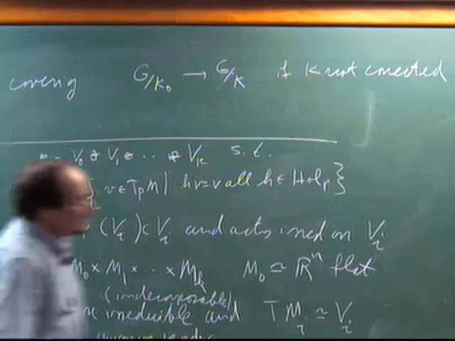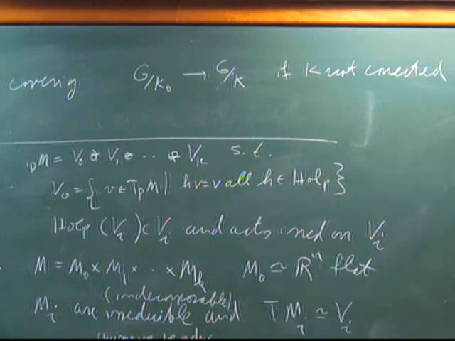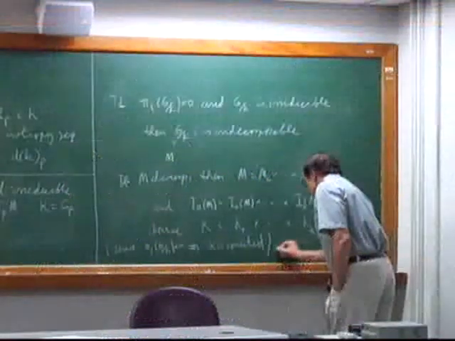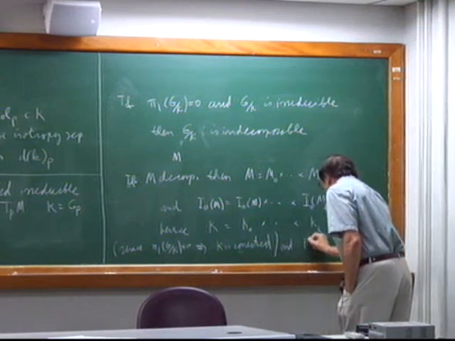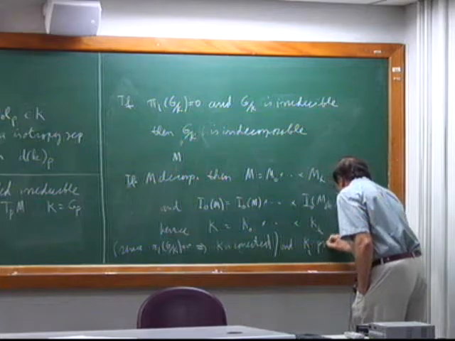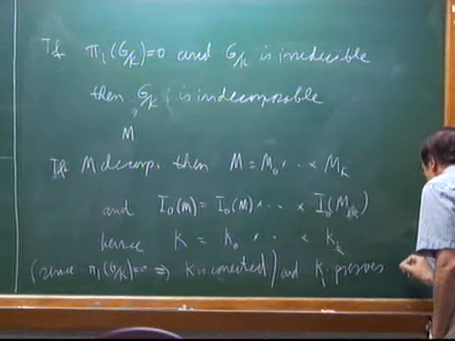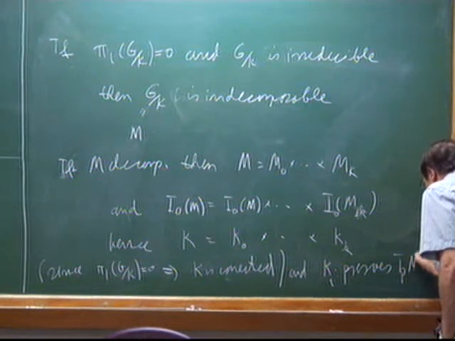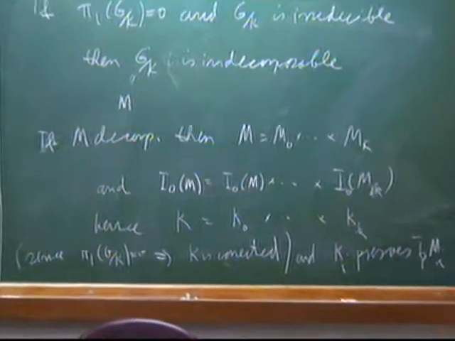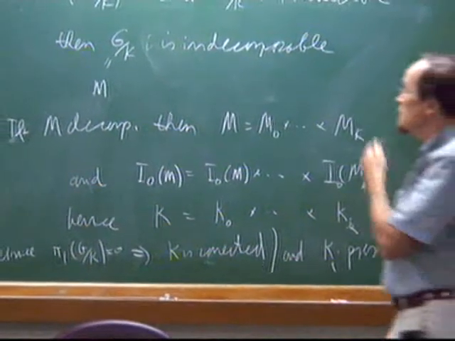So since it's simply connected, that's part of the assumption here, K is connected, and therefore it also splits. And K_i preserves the tangent space of the M_i's. By definition. Okay. So it acts reducibly on the tangent space.